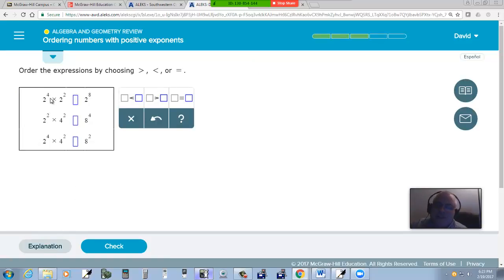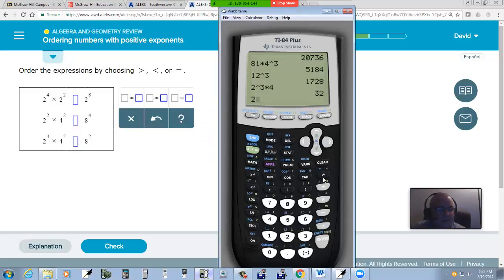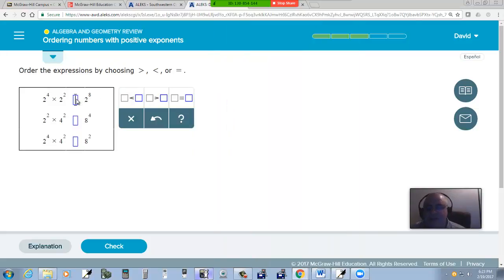2 to the 4th is 16 times 4, 64. I don't know what 2 to the 8th is. 256. So this would be a less than. 2 squared is 4 times 4 squared, 16.